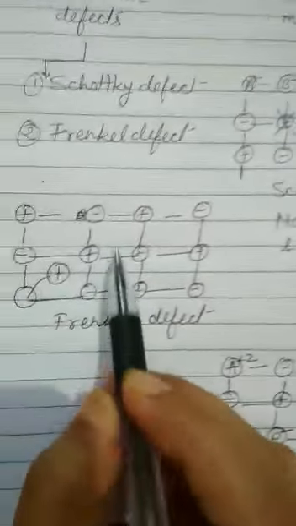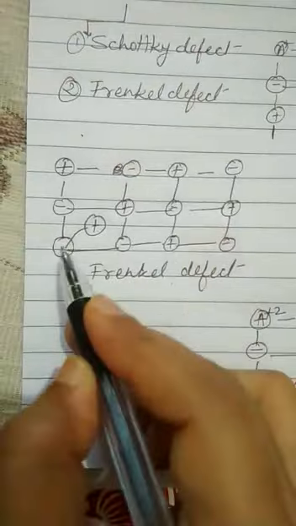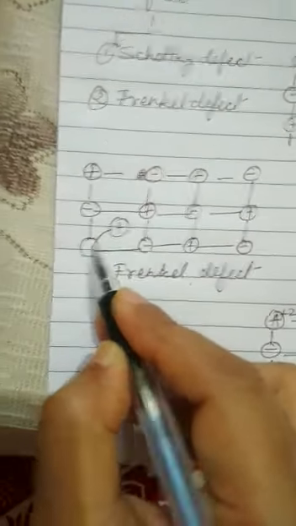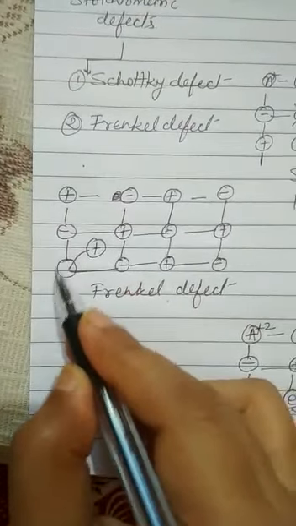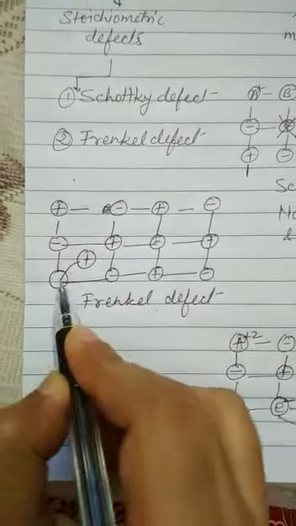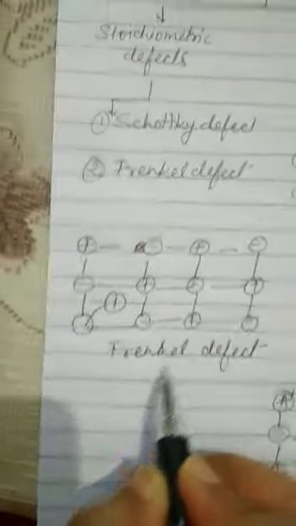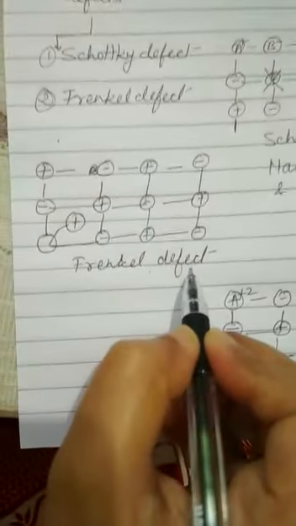You can see the Frenkel defect in this diagram. This cation goes into an interstitial position and the original site becomes a hole. This type of defect is known as Frenkel defect.